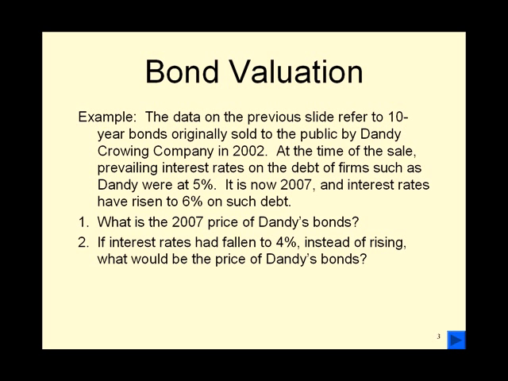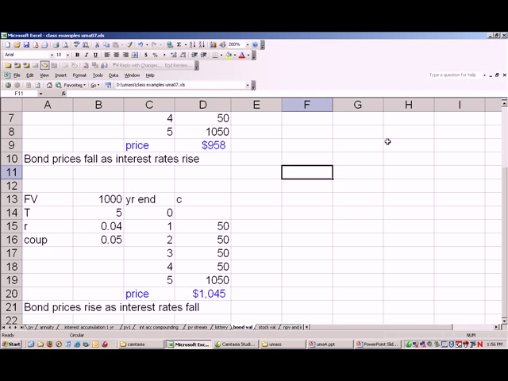To finish up this example, let's see what would happen to the price of bonds if interest rates had fallen instead of rising in the period 2002 to 2007. On this part of the spreadsheet, I've reproduced the cash flow stream associated with holding the bonds for 5 years. The only thing that's changed is the discount rate.